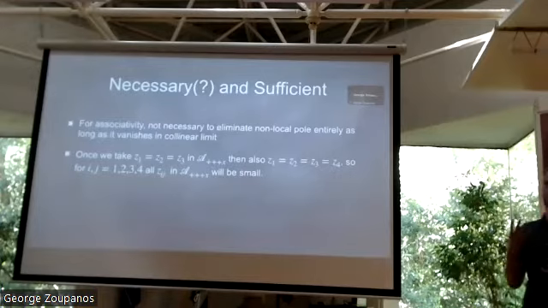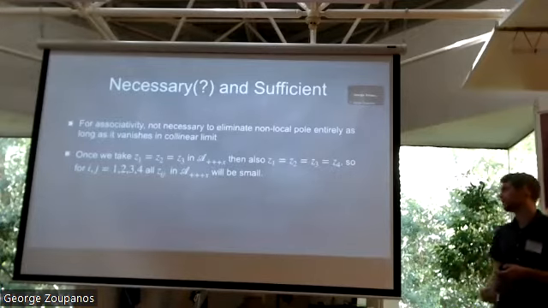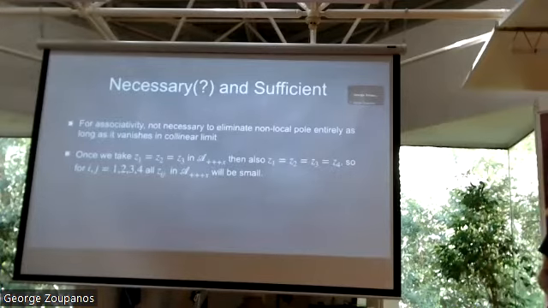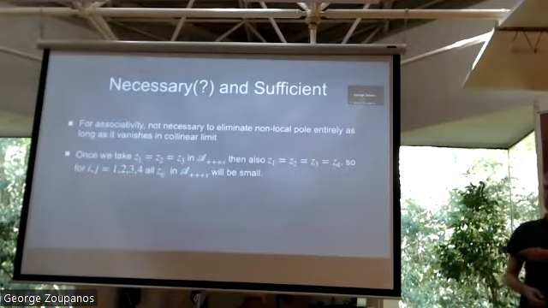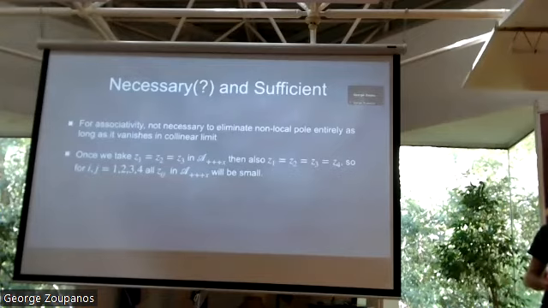And for these 4-point amplitudes, once you take a double collinear limit, then z_12 and z_13 are all the same value pretty much. And then by momentum conservation, z_4 is also going to have to take that same value. So z_ij for any of 1, 2, 3, 4 is going to be small.